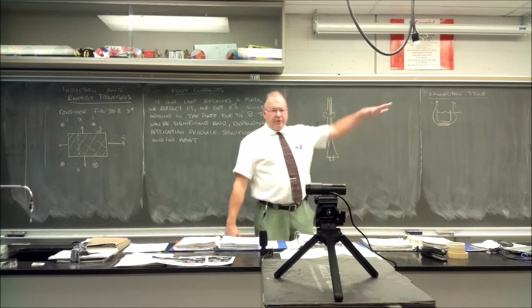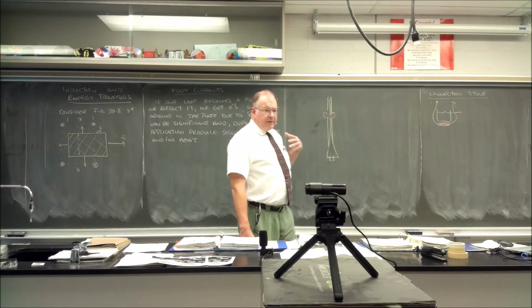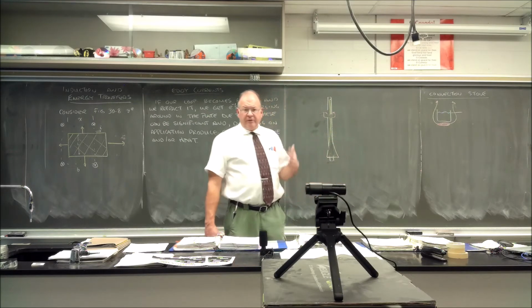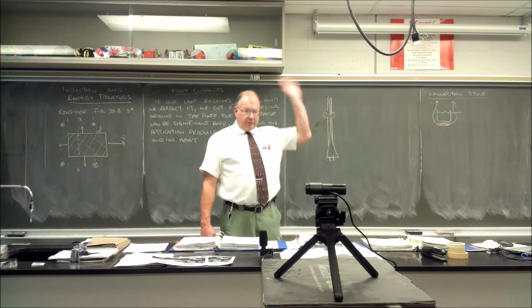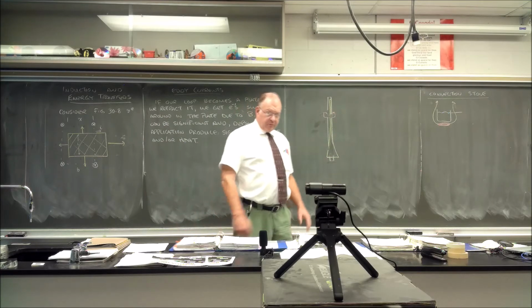If you don't believe me, put your hand over it. Depending on the exact geometry, up to 75% of the heat from the stove just goes right outside, heats up the kitchen, goes outside, whatever. It's just completely wasted.